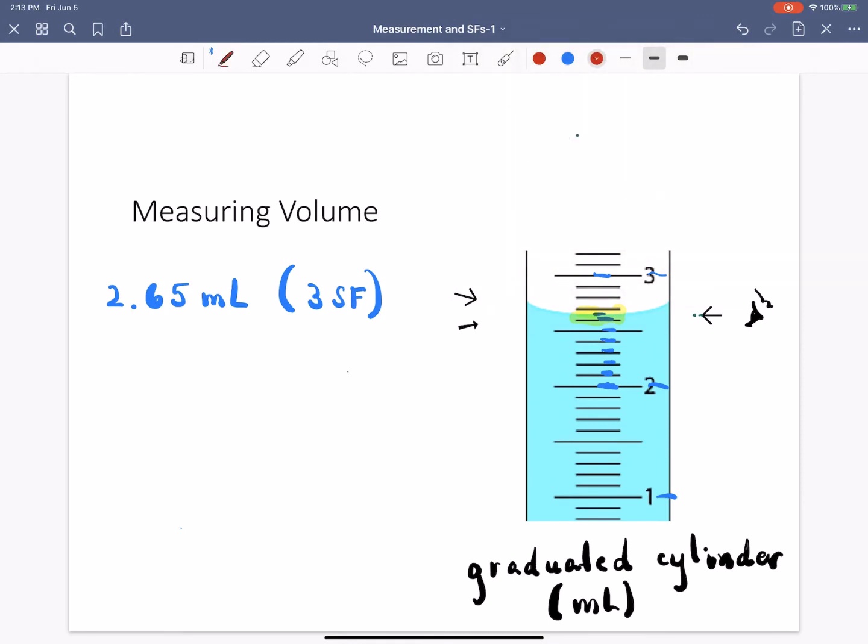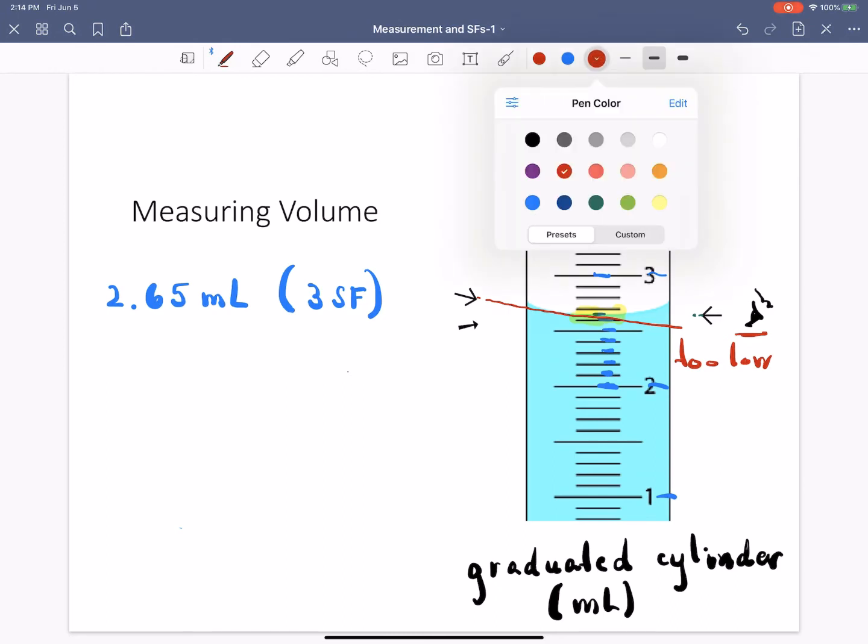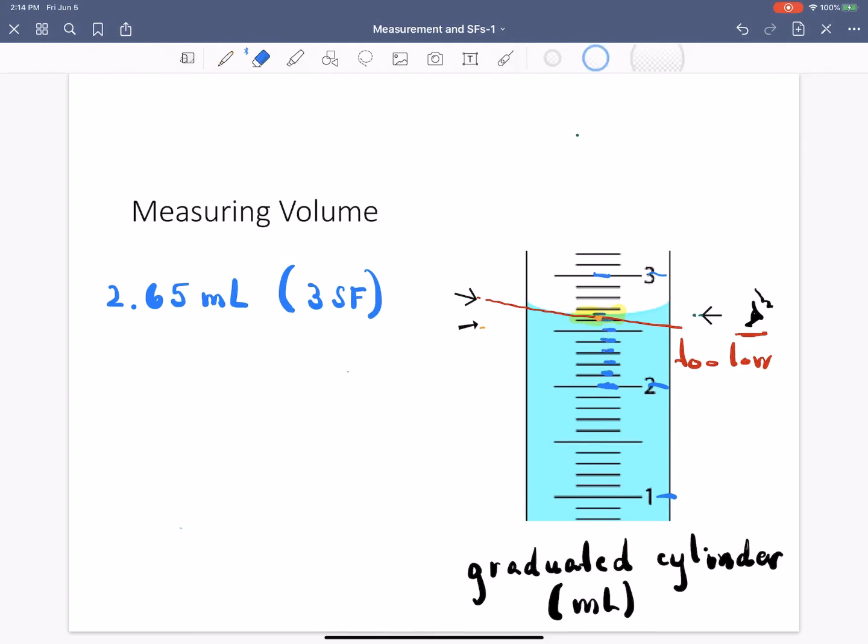Now, if I had been standing above the meniscus, so instead of having my eye at the height of the meniscus, I was looking down, I would have measured a number that was too low. If I was standing below, looking up, and so I'm still looking at this place in the center where the water meets the air, I would have come up with a value that was too high.